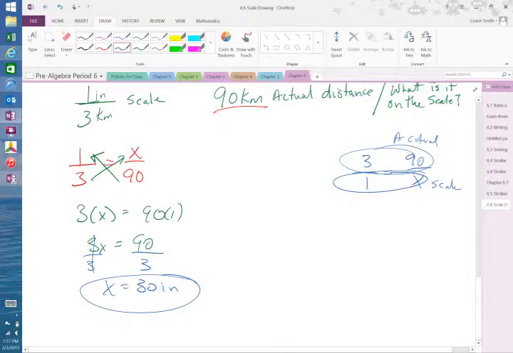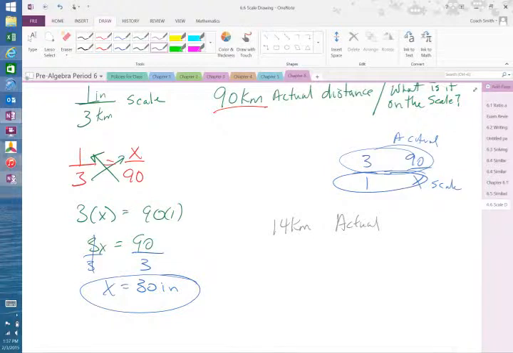Okay, you just have to make sure that both those numbers are on the same side. Okay, so let's say the actual distance is 14 kilometers. That's how far it is to, I don't know, somebody's house. 14 kilometers.